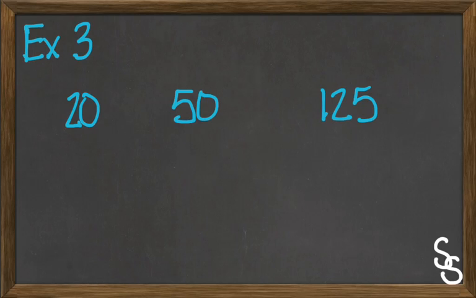Example 3, 20, 50, and 125. Again, the first thing I do is I find the prime factorization.